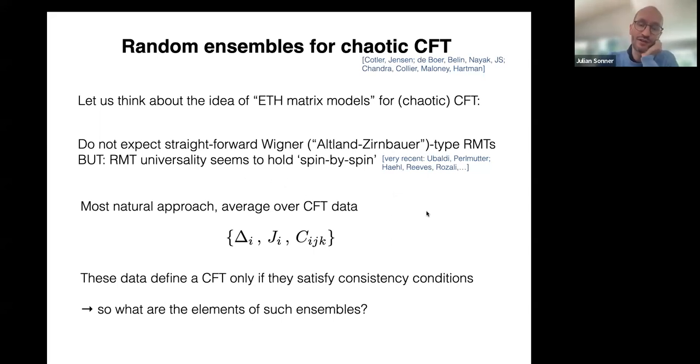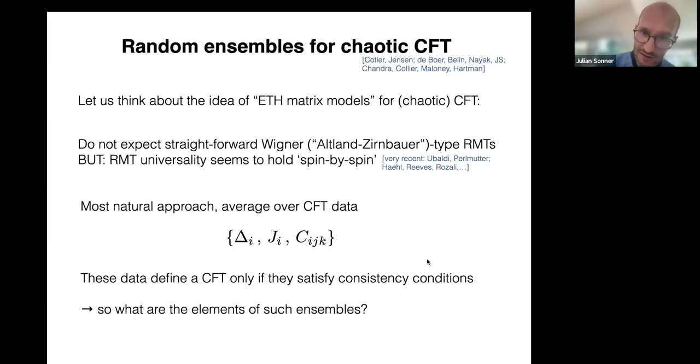This is of course the bootstrap approach. This set of data will be the set of all of the primary operators that you have, here denoted by their conformal dimensions delta_i and their spins j_i, and then the three-point functions C_ijk, the so-called OPE coefficients.